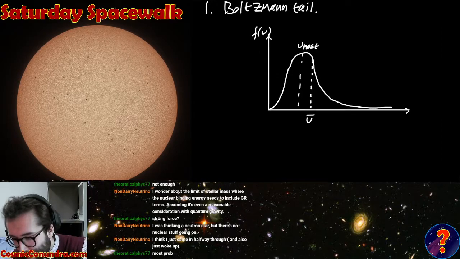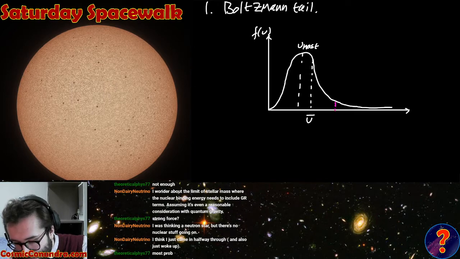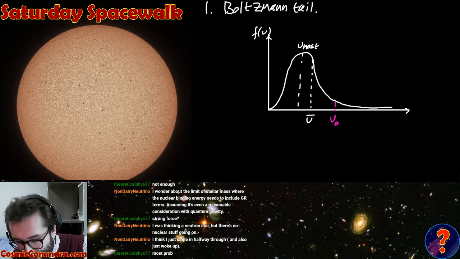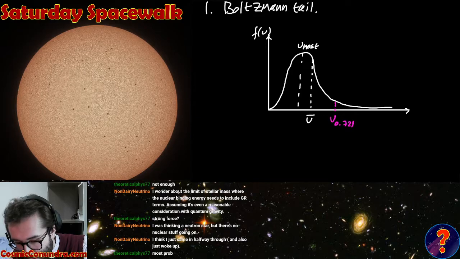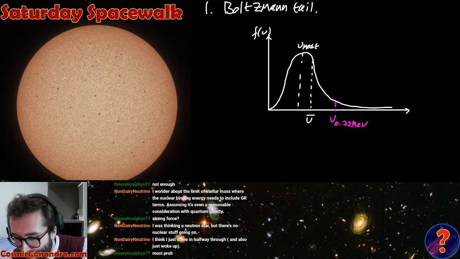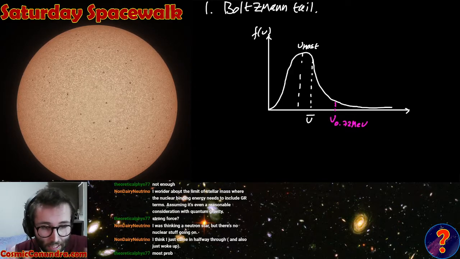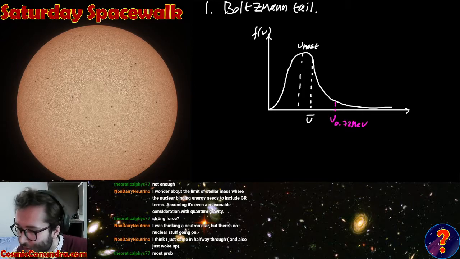Let's say we plot on here this velocity that corresponds to a kinetic energy of 0.72 MeV. Remember, 0.72 MeV was the energy that's needed to overcome to get these protons to fuse.